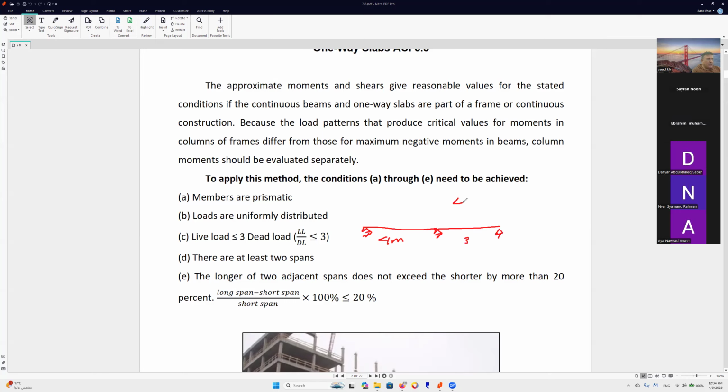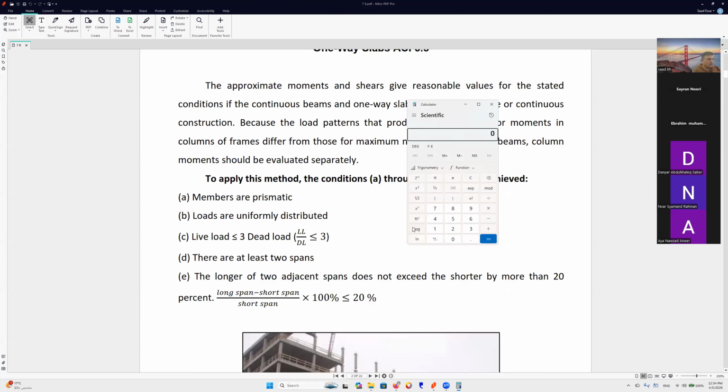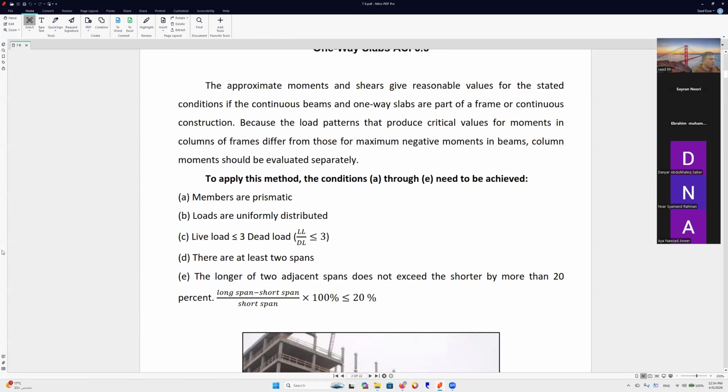We can say 4 minus 3 over the short span, which is 3. So it is 1 over 3, which is 0.33, I'm sorry, 0.33, not 0.66.